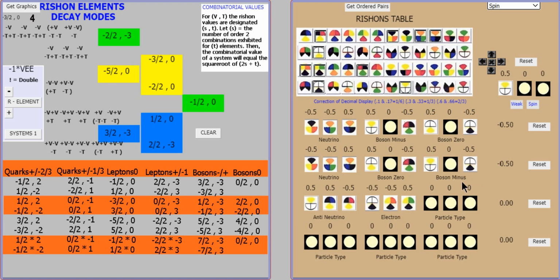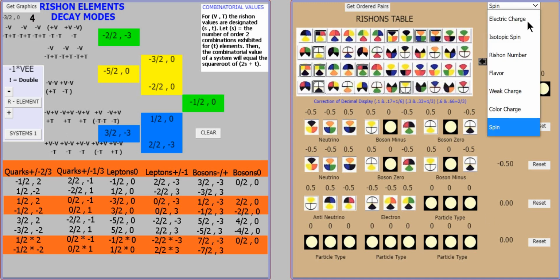We also have over here the boson minus, which will be the W minus boson, and now is showing an intrinsic spin of 0, which will match the combined intrinsic spin of the antineutrino and the electron, there being a 1/2 intrinsic spin on the antineutrino and a -1/2 on the electron.